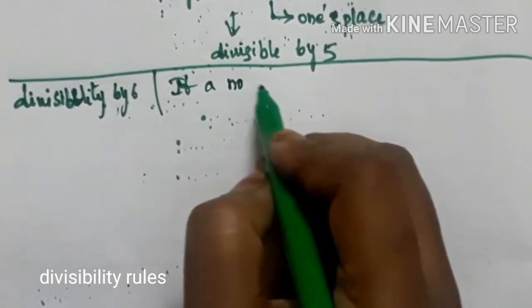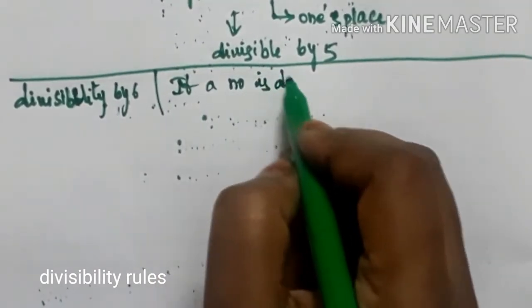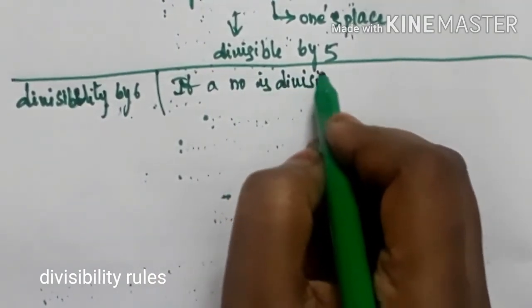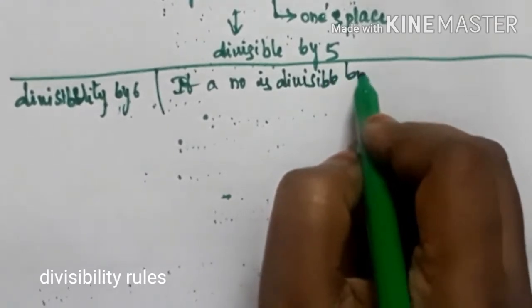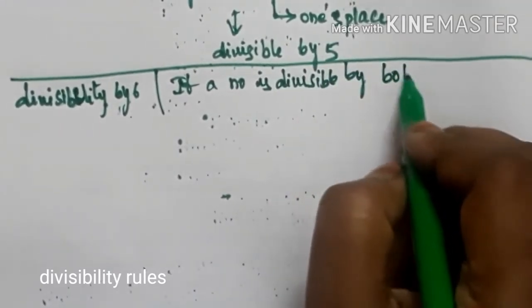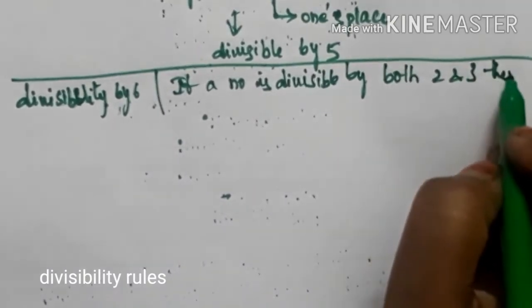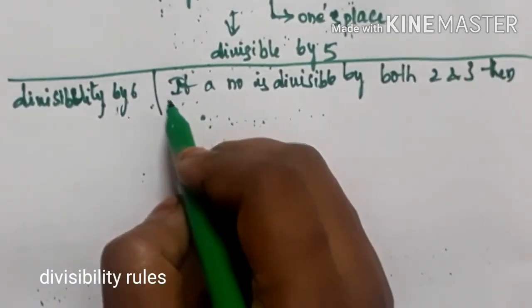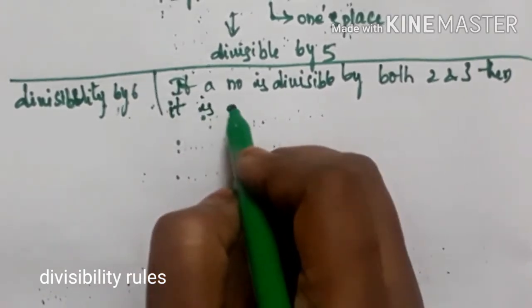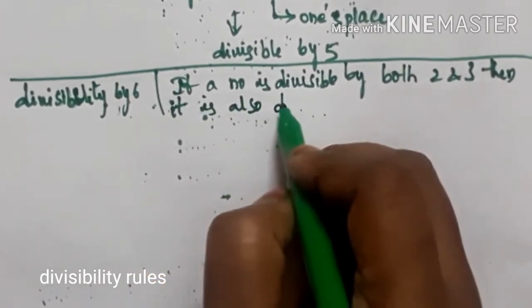If a number is divisible by both 2 and 3, then it is also divisible by 6. So first of all you have to check whether the number is divisible by 2 or not and 3 or not.